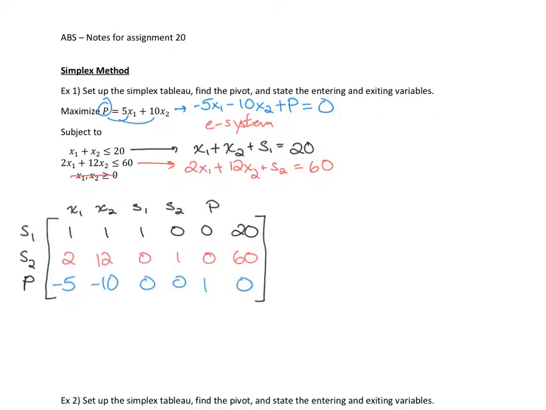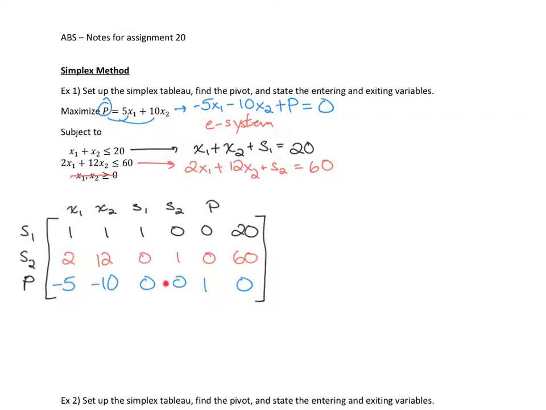Here are all of the values for this particular tableau. It's very simple to get these in the quote-unquote correct order. You see we label the slack 1, slack 2, and the last equation here, the objective function. They're always going to be in that order. So how do you write these equations in here?